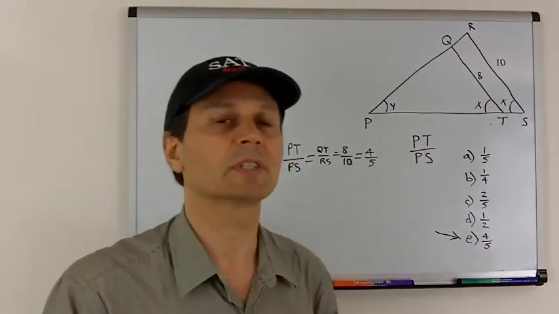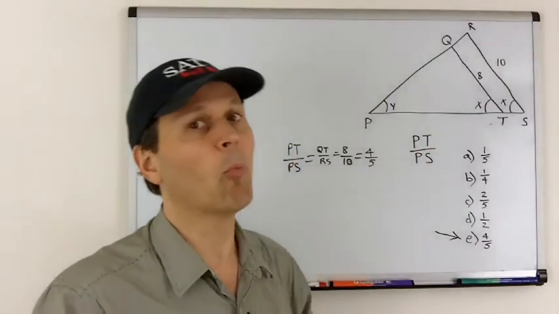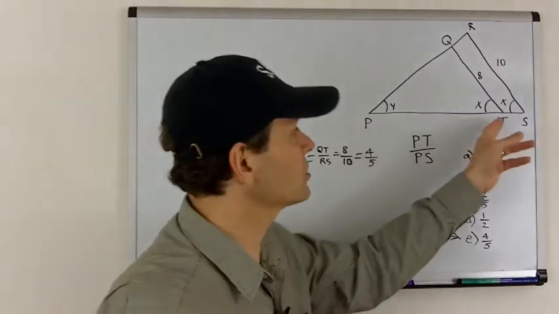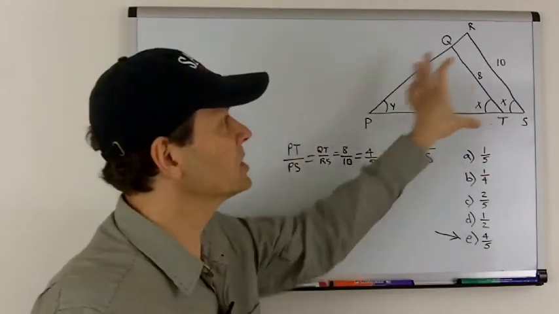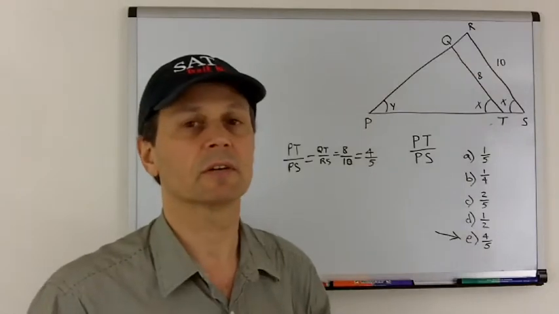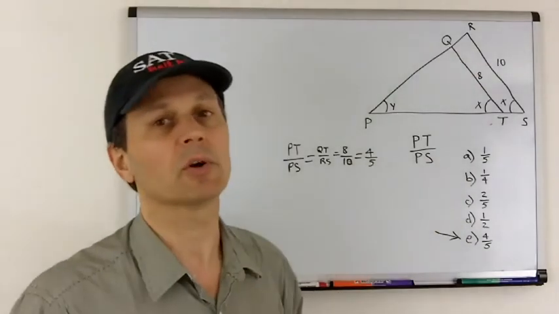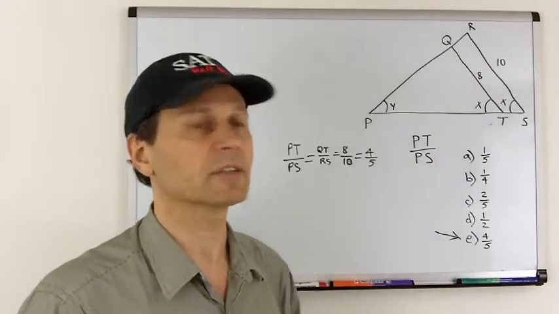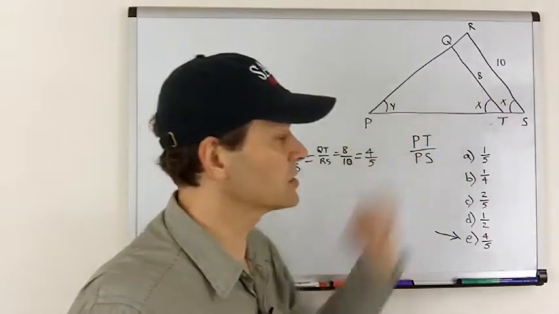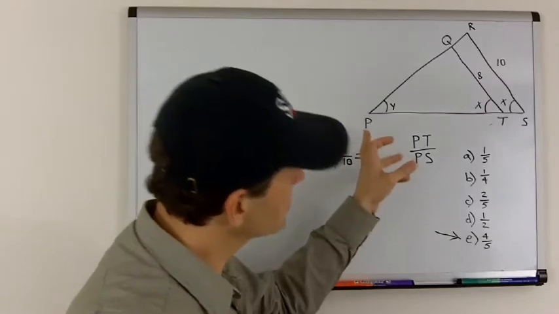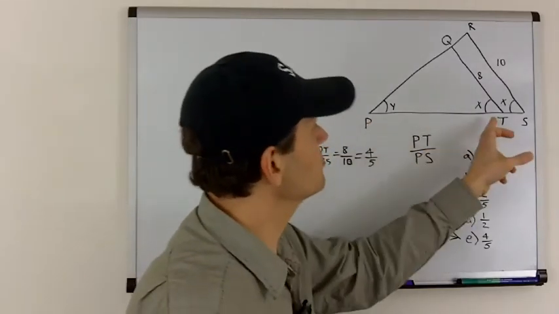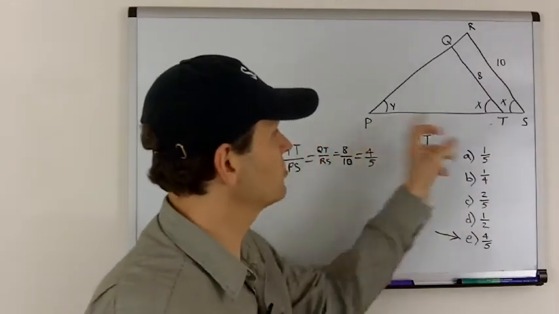Certainly, PT is more than half the size of PS. And remember, we are not being told that the figure isn't drawn to scale, so we can assume that it is drawn to scale, so we can make inferences. So PT is clearly more than half the size of PS.